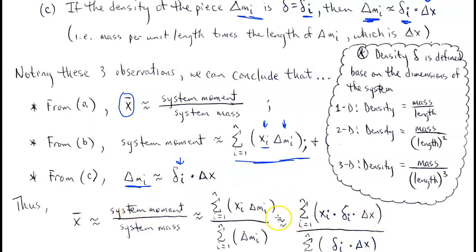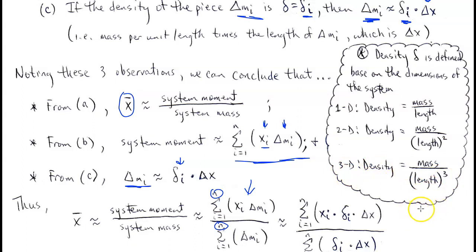And then from here, if we're going to have n of these pieces, then we could rewrite everything like how you see here, where we have the summation of the product of x sub i and delta m sub i for the system moment, and the summation of delta m sub i for the system mass. And of course, since we're considering n pieces of that particular rod, we're going to consider that.